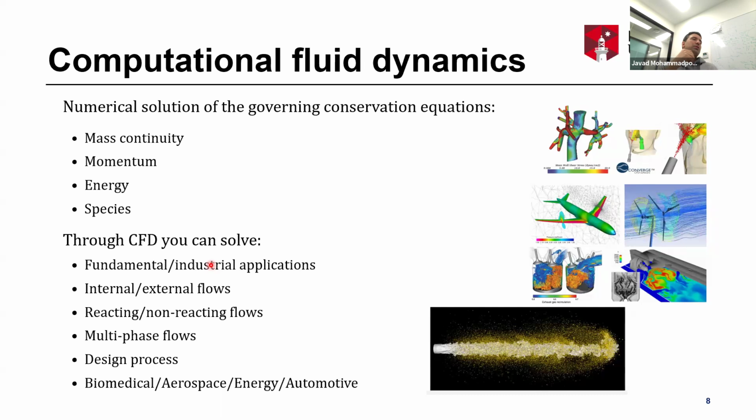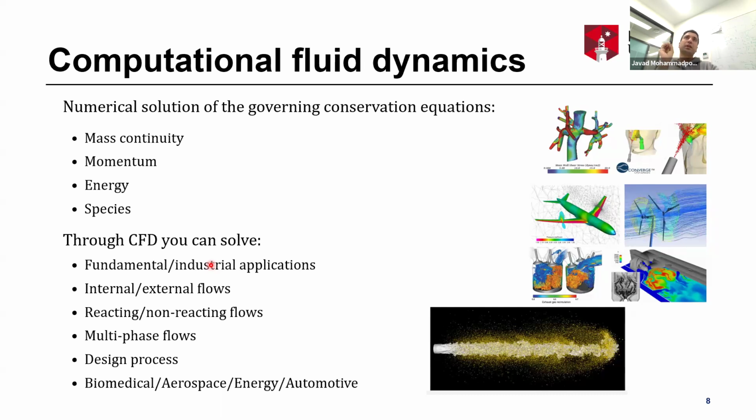For example, let me explain one example from my PhD thesis. I was studying nanofluid for a project, so I had to consider three-phase flow. The base flow was water, and inside the water we injected very tiny solid particles.